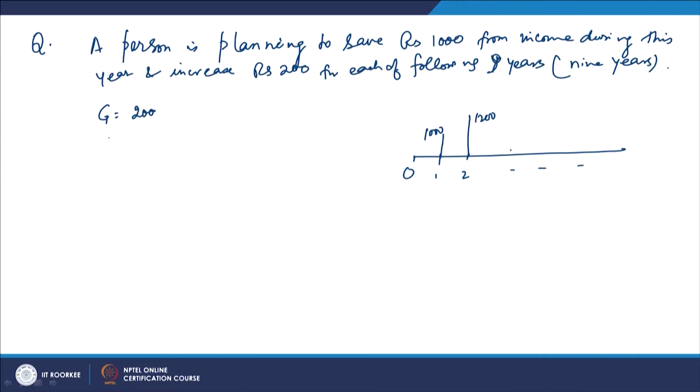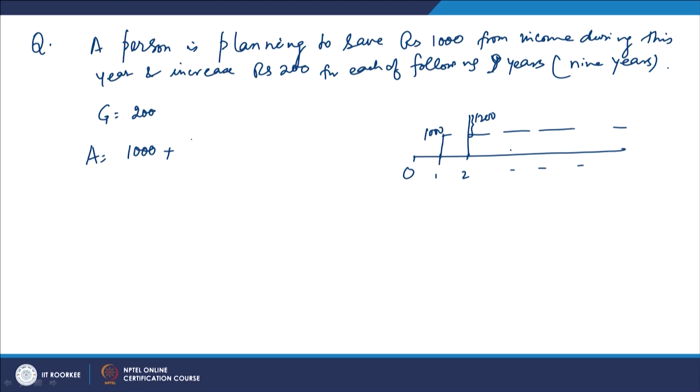Now the equivalent annual amount will be 1000 as the base, since he is going from there, and then G, which is 200. This G value is to be multiplied with A by G, i, n.